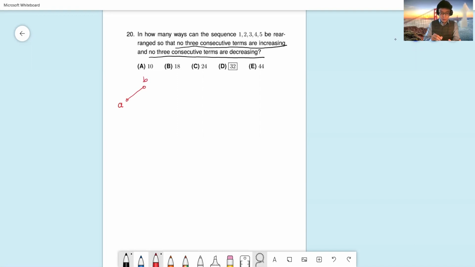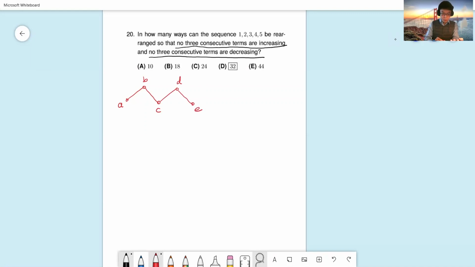Then the next number C should be smaller than B, otherwise we have 3 consecutive terms increasing. So C must be smaller than B. And B, C, D cannot be decreasing, so D must be larger than C. And finally, E must be smaller than D.